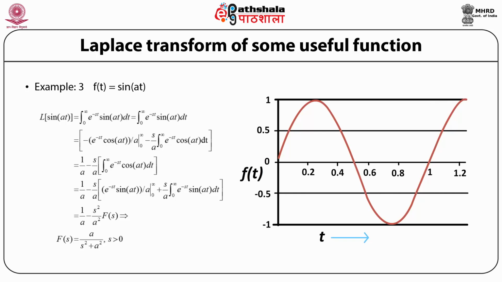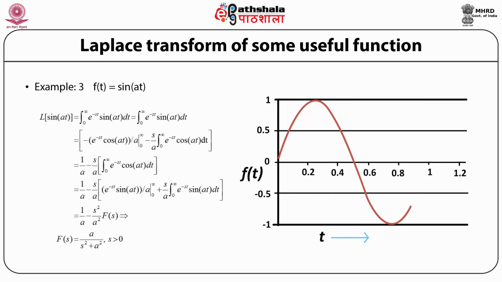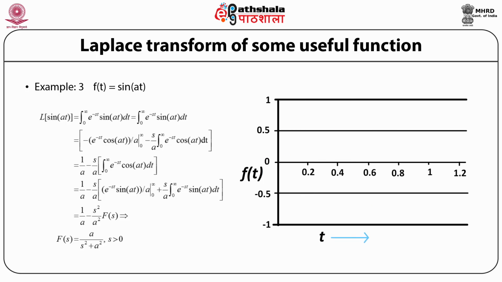I will let you figure that out, and then you will get minus of e power minus st cos of at divided by a, applied between limits 0 to infinity, minus s by a integral 0 to infinity e power minus st cos of at dt.